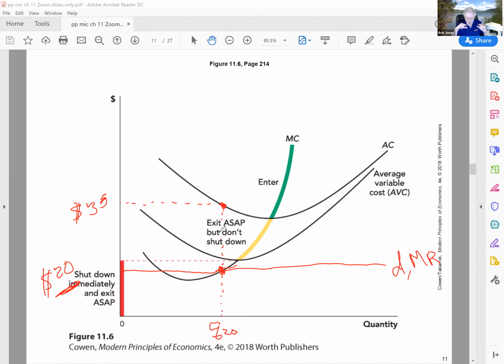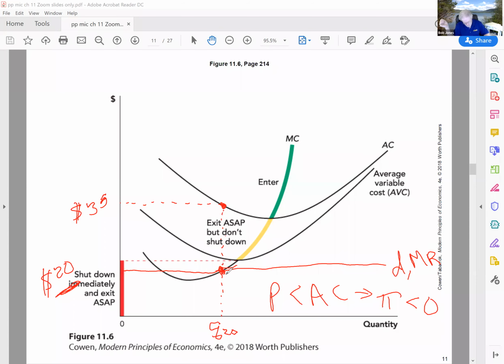We've got to be careful. If they expect price to be below AC, which means profit is negative, and they expect that to continue in the future, there's no point in continuing. They're going to go out of business as soon as possible.